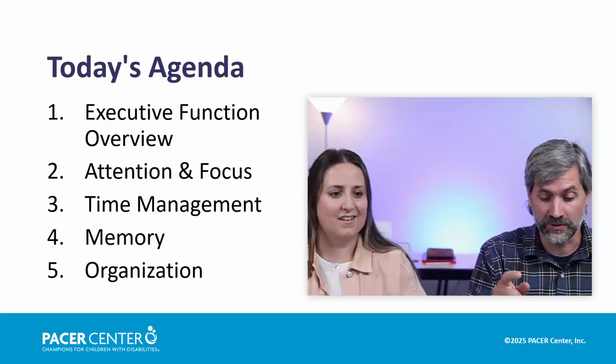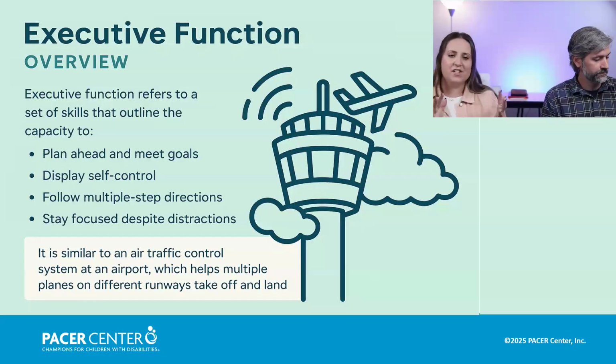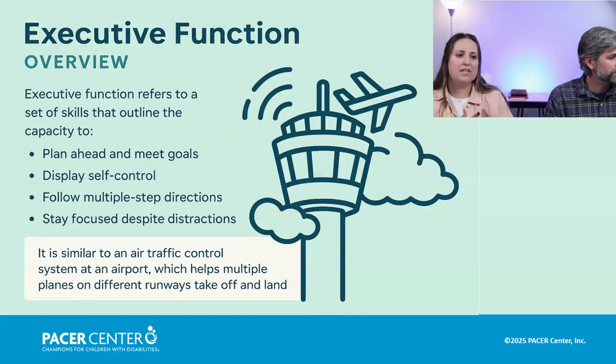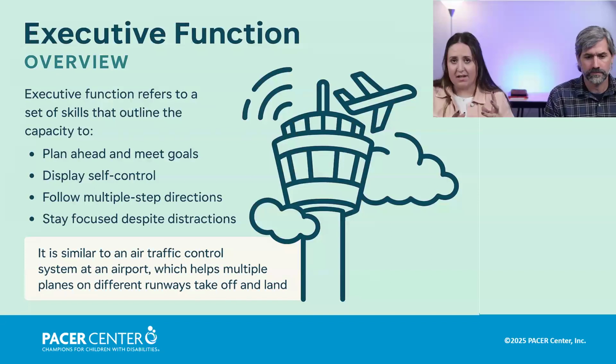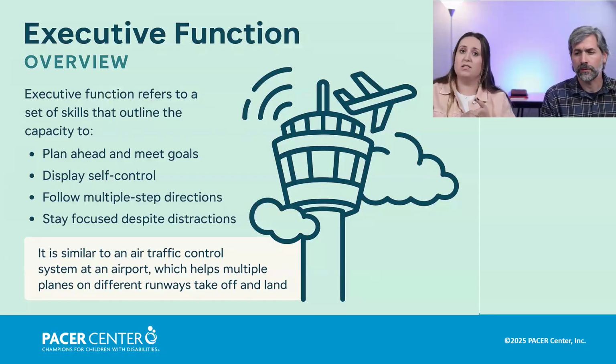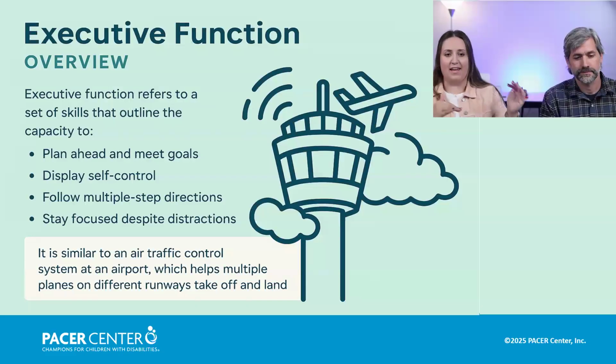So let's talk about executive function and what that looks like. Executive function is a broad category, but generally it refers to a set of skills that outline the capacity to plan ahead and meet goals, display self-control, follow multiple-step directions, and stay focused despite distractions. It's very similar to an air traffic control system at the airport, which helps multiple planes take off and land on different runways.